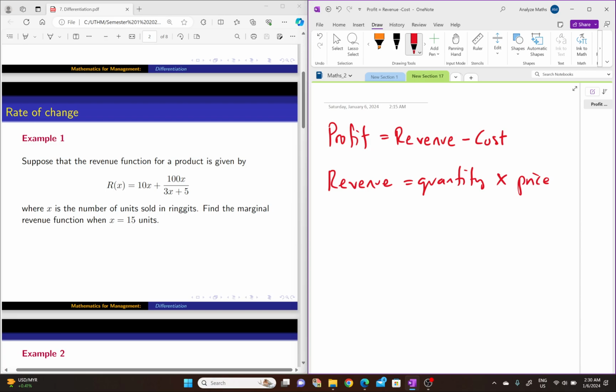Okay, these two formulas, two equations, we will use throughout our exercise here.